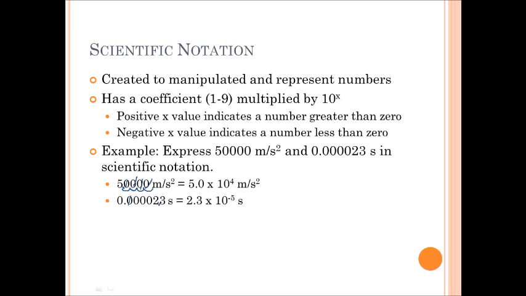So it's going to be 1, 2, 3, 4, and then because the decimal is after the 2, we count the 2 also, so it becomes 2.3 times 10 to the negative 5th. We can also go 1, 2, 3, 4, 5. We've moved the decimal up 5 places to get to where it's 0. So again, if it's positive, it's a large number. If it's negative, it's a small number.